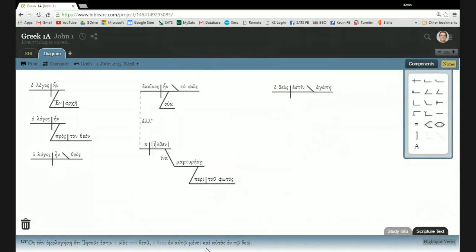Okay, so here's verse 15, where we have hos ean, whoever, homologese, whoever confesses, hoti, that, Jesus, estin, huios tou theou, the Son of God, ho theos, God, en auto, in him, menei, he remains, kai autos, and he, and we must infer remains applies again, remains en to theo, in God.